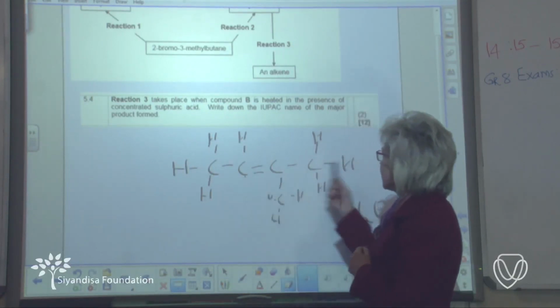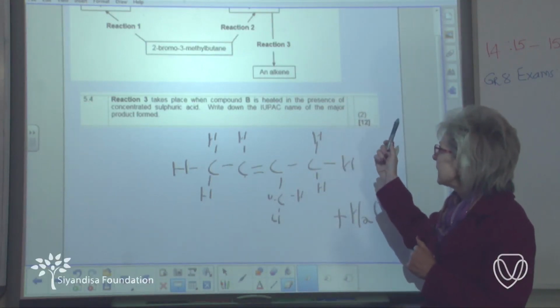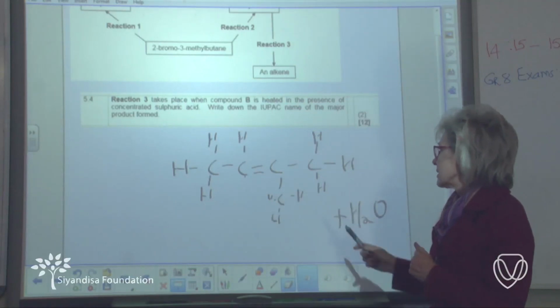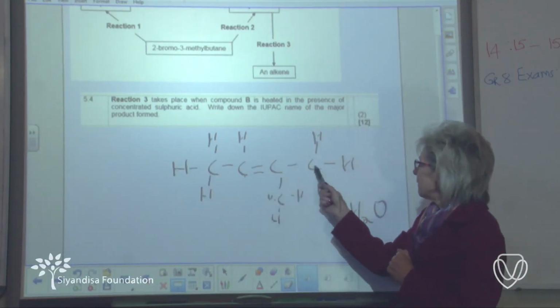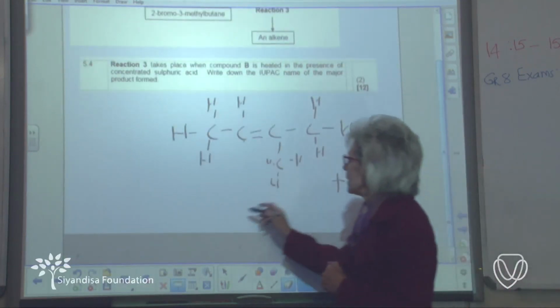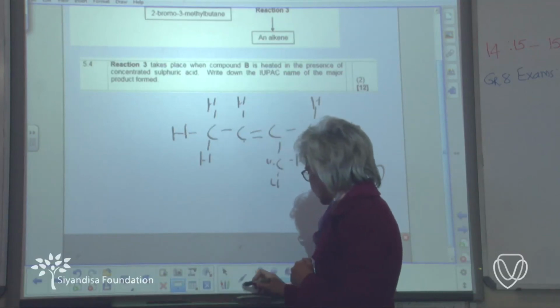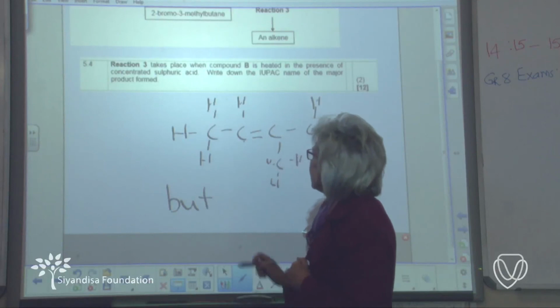So that is the product that will form, and I now need to write down the IUPAC name of this product. So we have to count 1, 2, 3, 4. So there are 4 carbons in the main chain. That makes it but-. Oh, sorry. But-. There is a double bond.